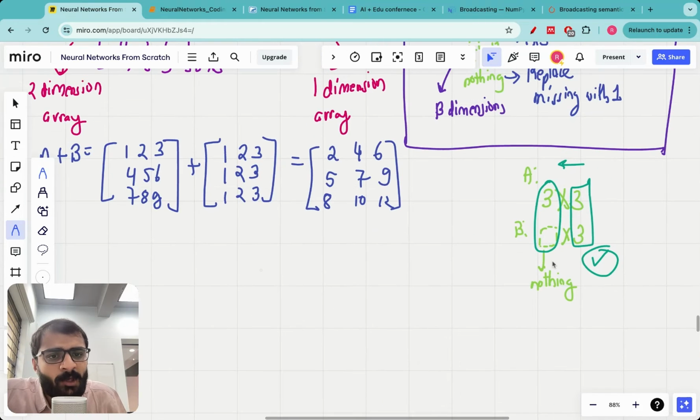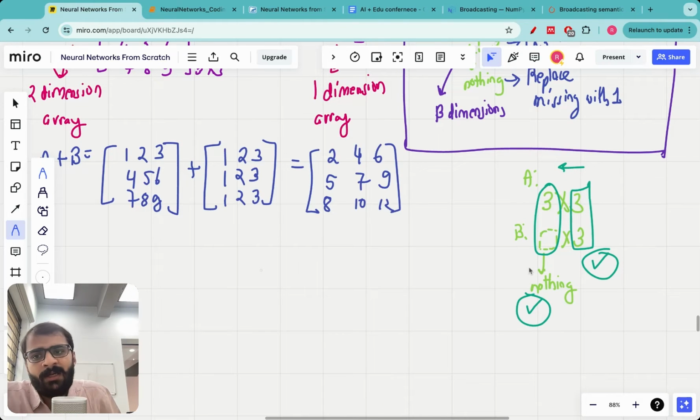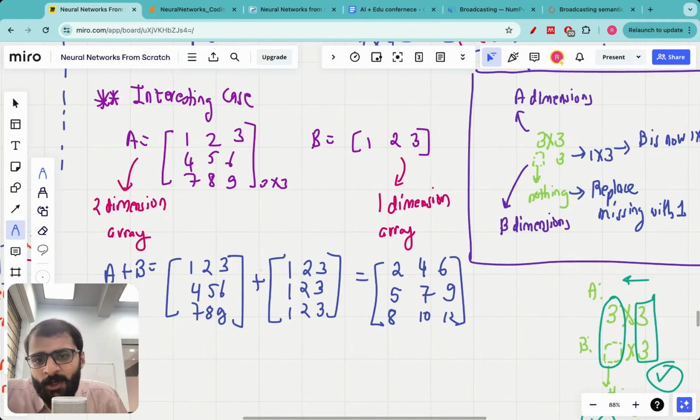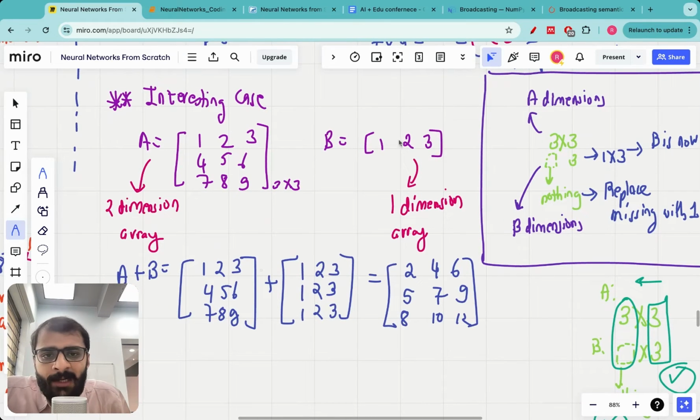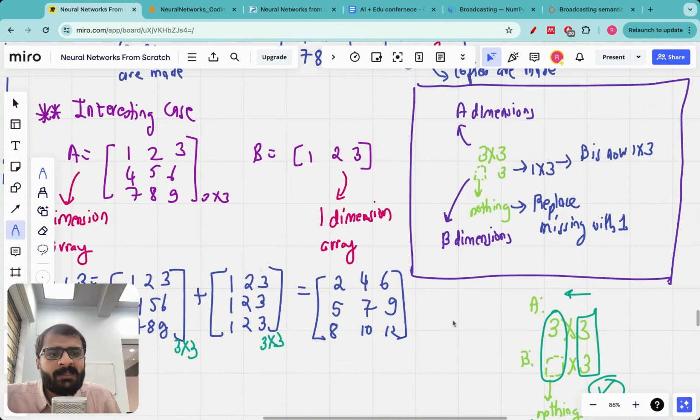So great, this will also work, which means that these two arrays are broadcastable. What Python will do is assume that it's a two-dimensional array and replicate this two times. So B will be reframed by Python as 1 2 3, 1 2 3, and 1 2 3, a 3 by 3, and it will sum it up. Then this will be the resulting answer.